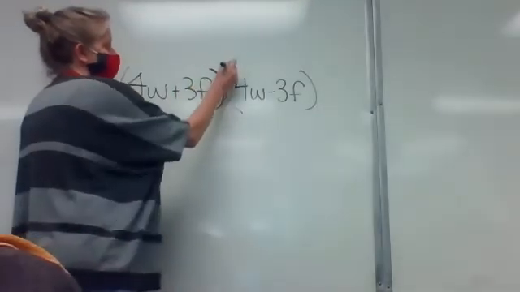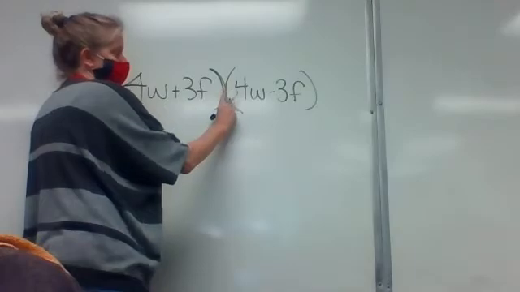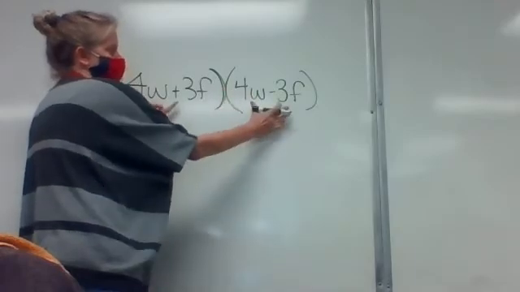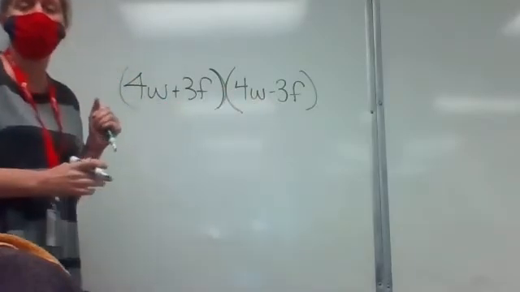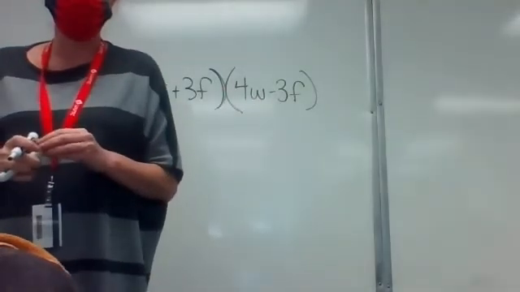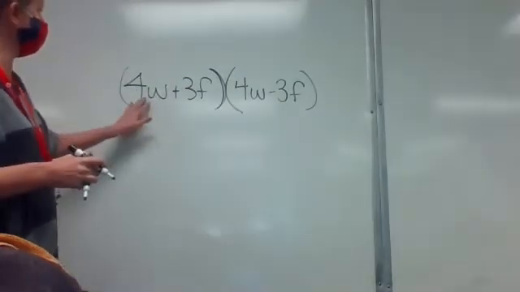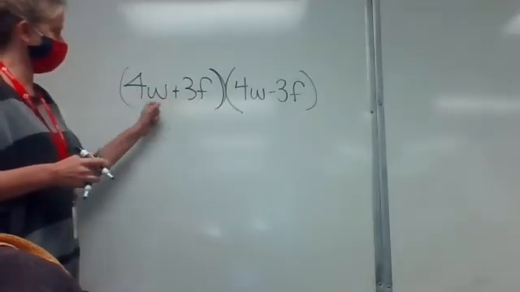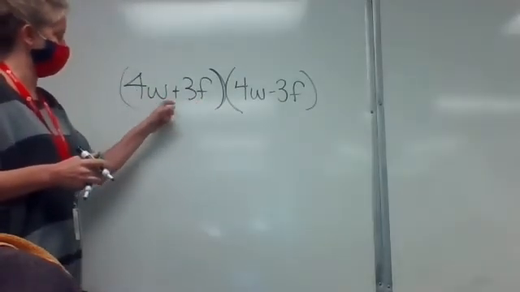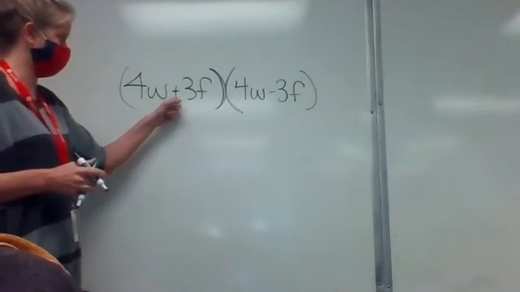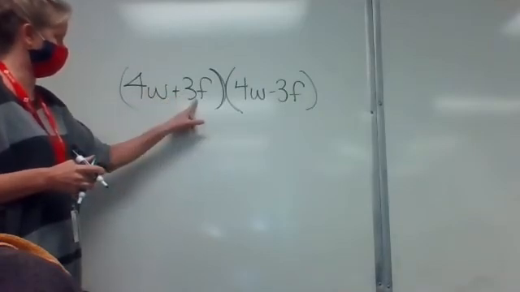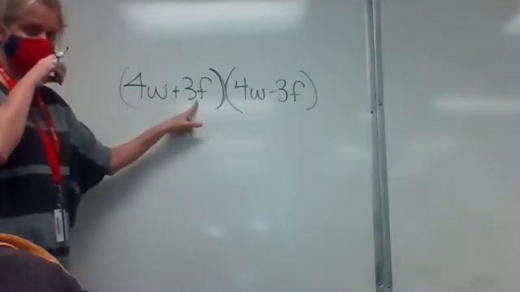Since these parentheses are bumping up against each other and there's not a plus or minus in between them, that means it wants me to multiply those two parentheses together. Now, each one of these parentheses has two terms in it, right? Because terms are separated with pluses and minuses. So 4w is one term and 3f is the other.